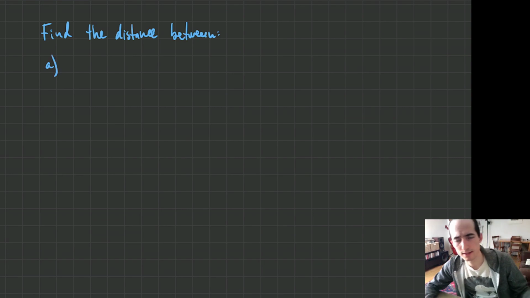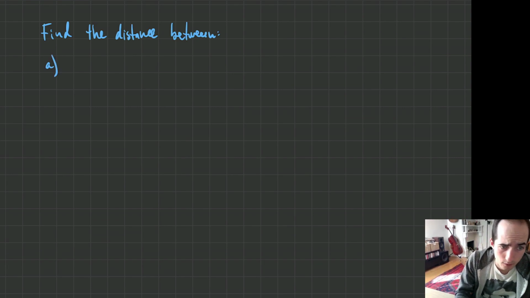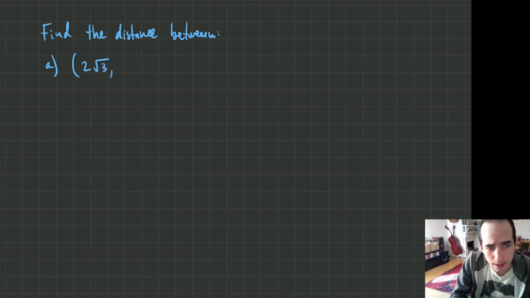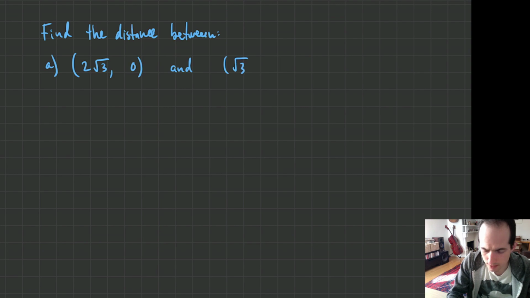One I'm going to do, and the second one you're going to do. So we've got the point 2 times the square root of 3 and 0. So that's my first point. And the second point is square root of 3, comma, -5.